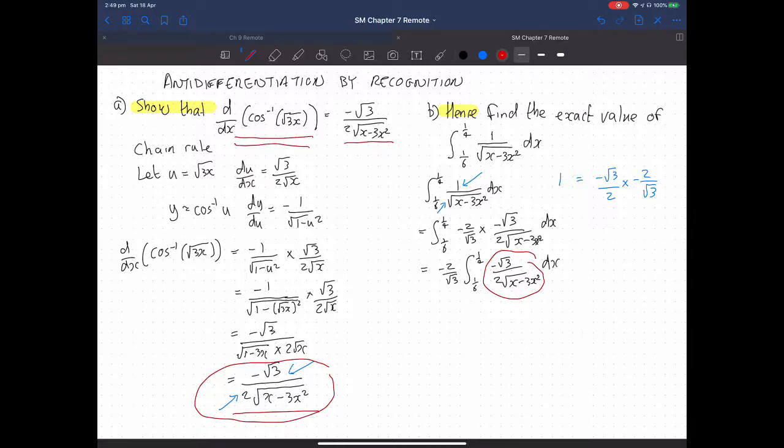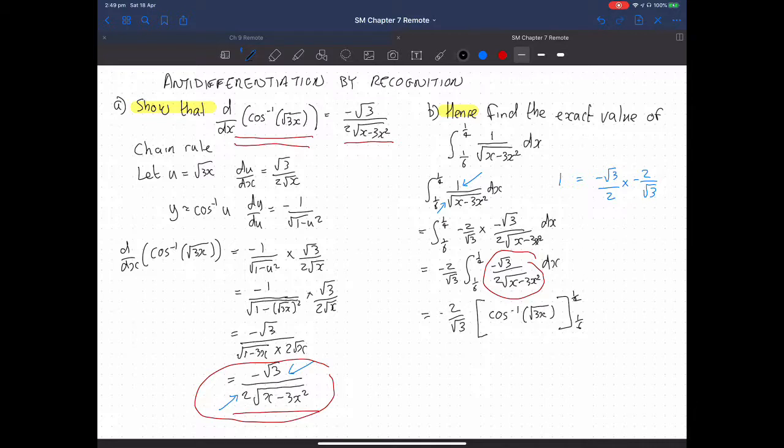So this tells me minus 2 on root 3. Now we know the antiderivative, because of our work in part A, will be inverse cosine of the square root of 3x, and that's from 1/4 to 1/6.